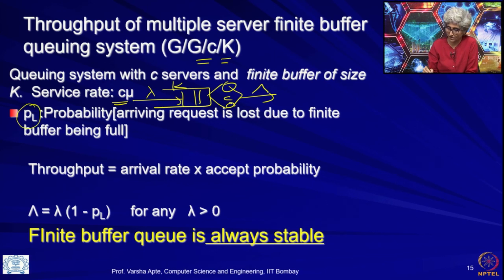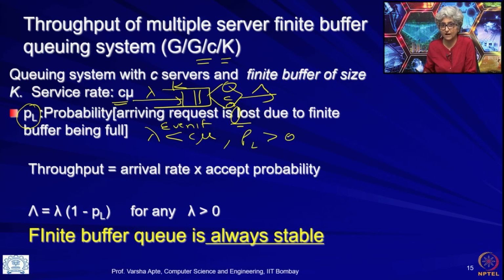Now, remember I was talking about the metrics earlier, I had shown a table. P sub L is the probability that an arriving request is lost. Remember that L is for lost due to the finite buffer being full. Remember that this can happen in a queuing system even if lambda is less than C mu. PL can be greater than 0, because we are assuming some randomness.